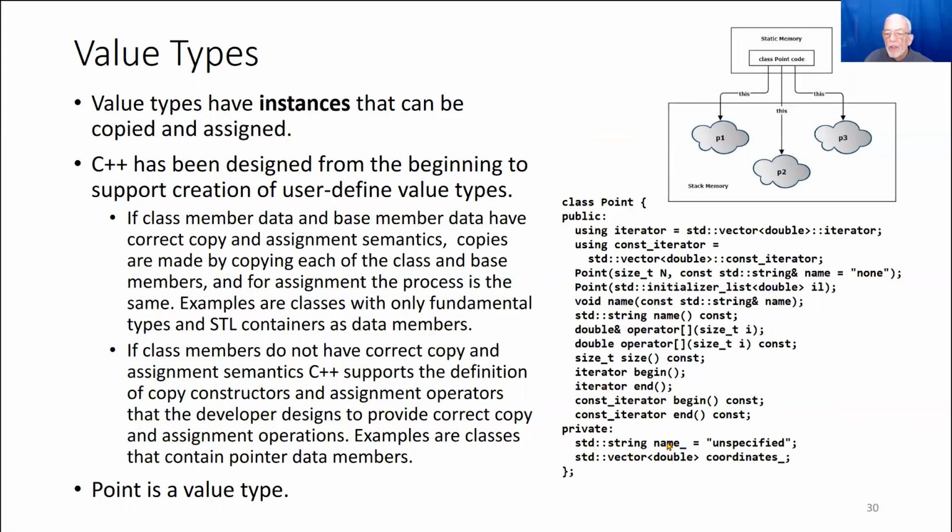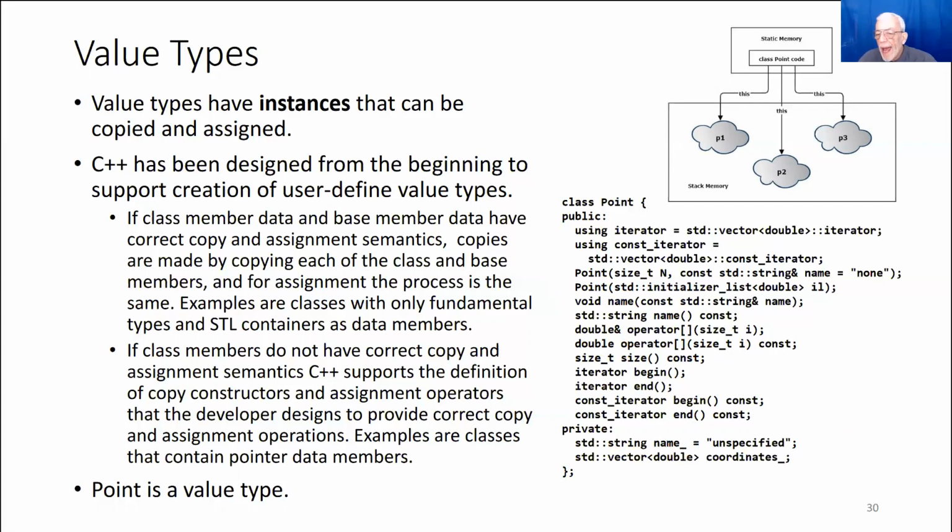What that means is that we don't have to supply in this point class a copy constructor and assignment operator. If we do a copy operation on a point, because we haven't implemented a copy constructor or an assignment operator, the compiler just does member-wise copying of name and coordinates, or member-wise assignment. We talk about those as compiler-generated operations.